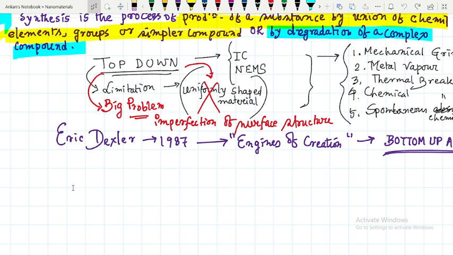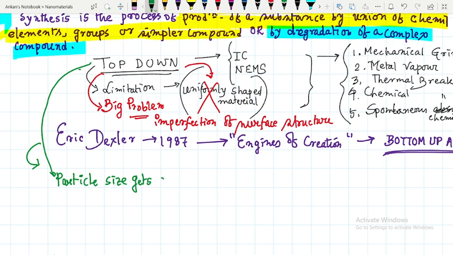The main advantage of the bottom up approach is that with the top down approach, the particle size can get smaller than the nano dimension or our desired dimension.